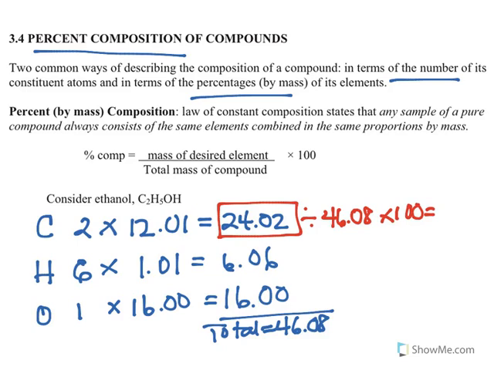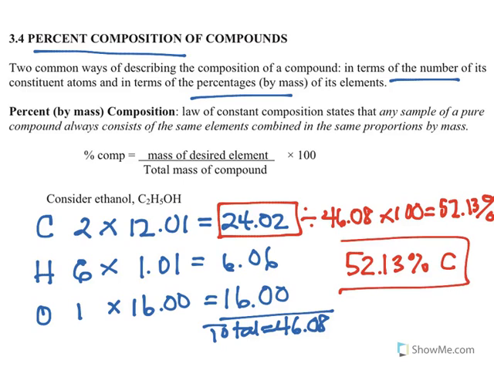If I do the same thing for each of them, I'd be able to figure out the percentage that each element contributes to the mass of that compound. In this case, 52.13% is coming from carbon, okay? So I know that this has 52.13% carbon when I look at this compound.